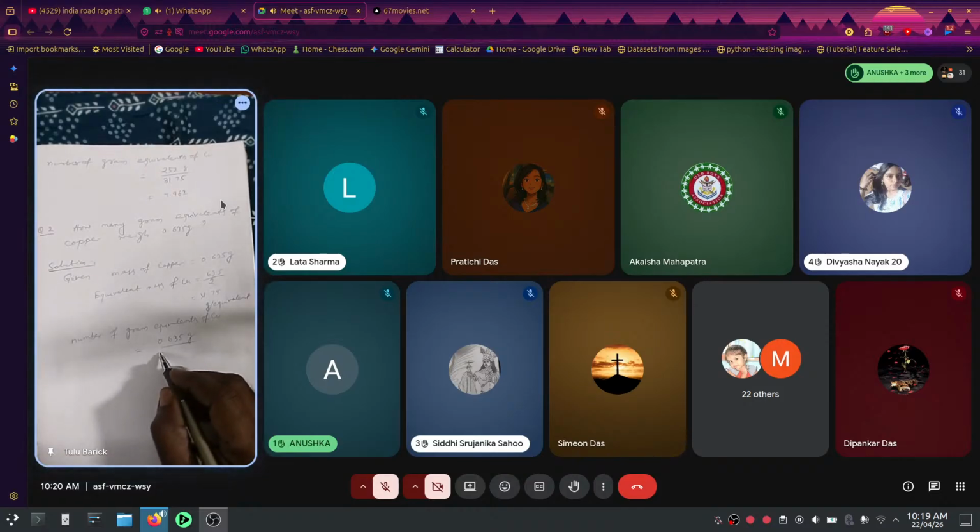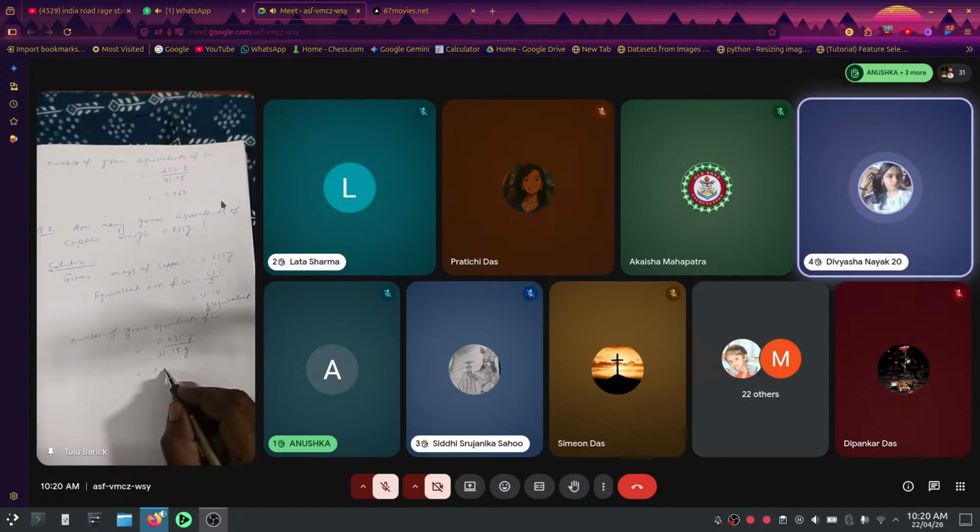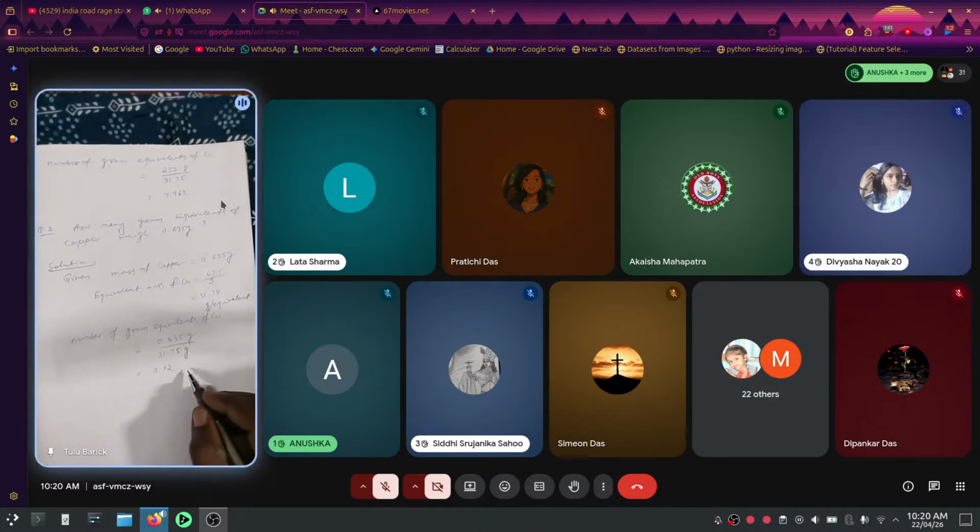And equivalent mass is 31.75 gram. So how much did you get? 0.02. Okay, so number of gram equivalents is 0.02.